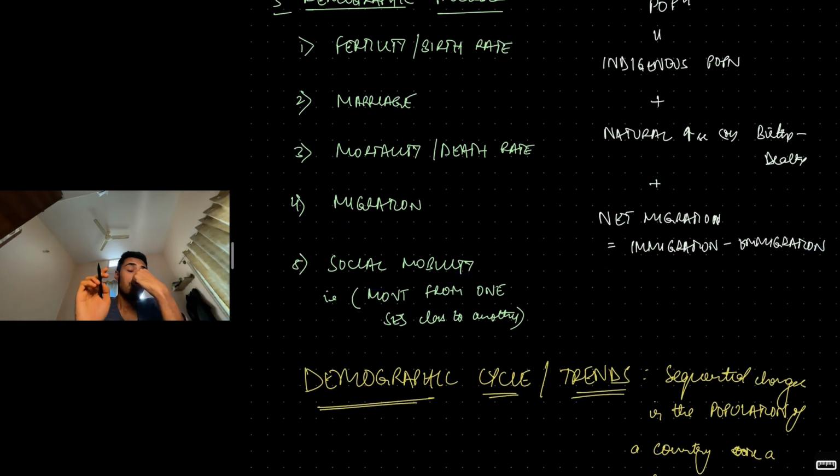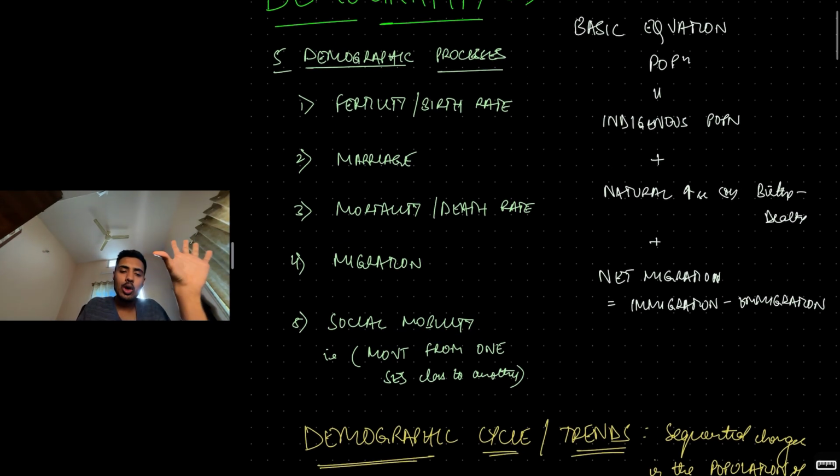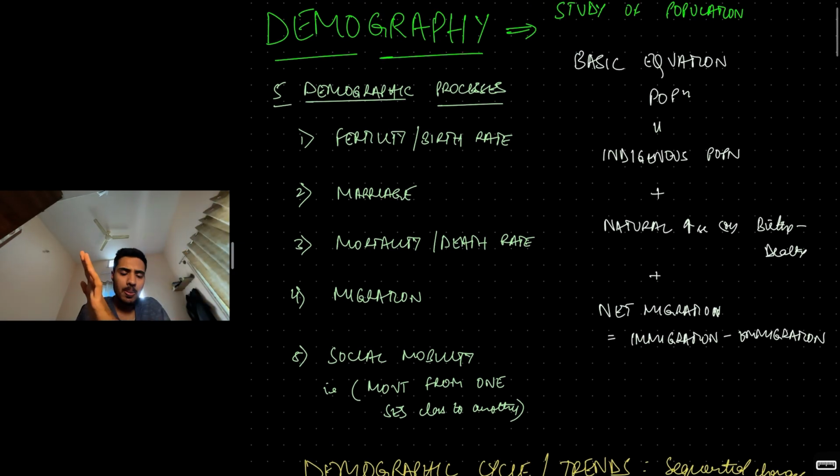This is when a person moves from one socioeconomic class to another. Same person over a long period of time from poverty goes to upper middle class. So that is social mobility. These are the 5 basic demographic processes: fertility or birth, mortality or death, marriage, migration and social mobility. What is population? I just now told.